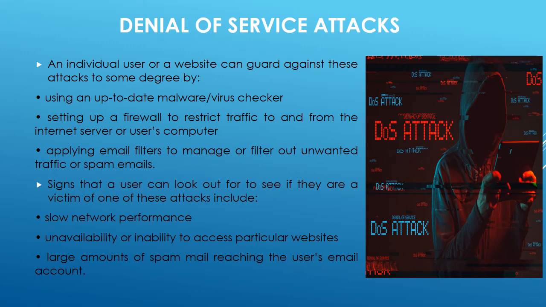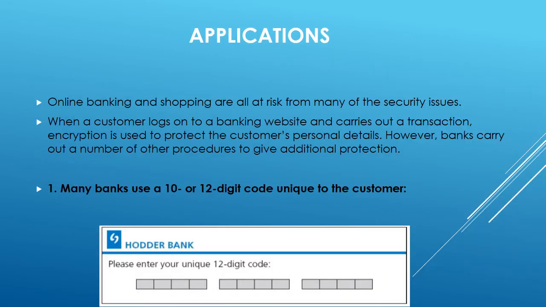Signs that a user can look out for to see if they are a victim of one of these attacks include slow network performance when opening files or accessing certain websites, unavailability or inability to access particular websites, and large amounts of spam mails reaching the user's email account.